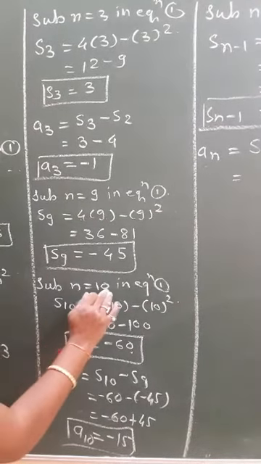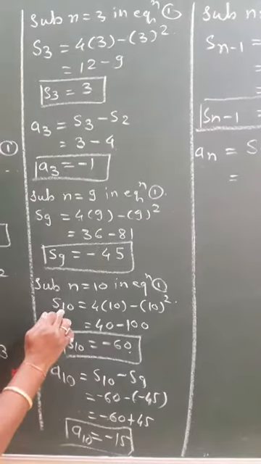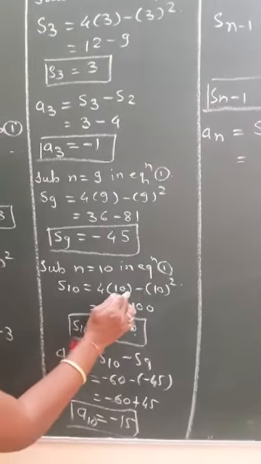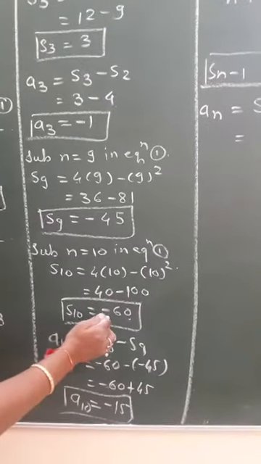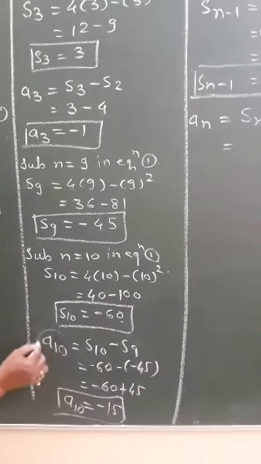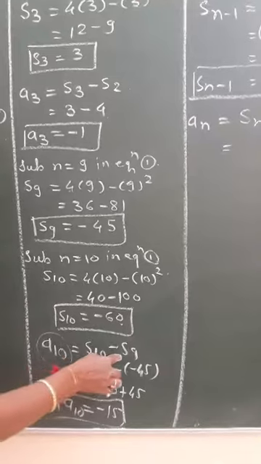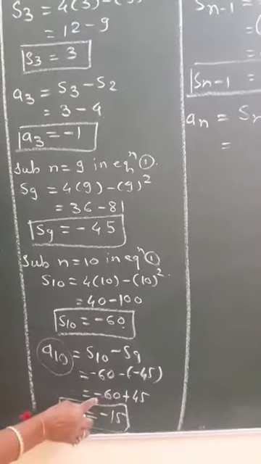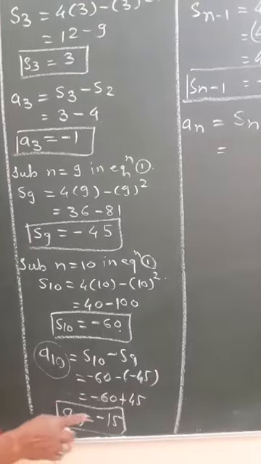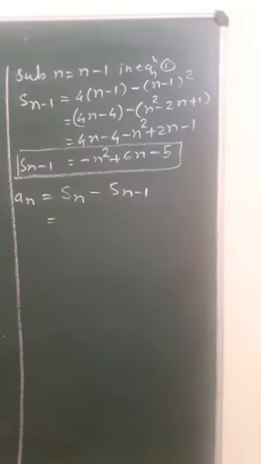Again we will substitute n is equal to 10 in the equation 1. We will get S10 is equal to 4 into 10 minus 10 square. 40 minus 100 means minus 60. Now we have to find A10. A10 means S10 minus S9. Minus 60 minus of minus 45, minus 60 plus 45 is nothing but minus 15.